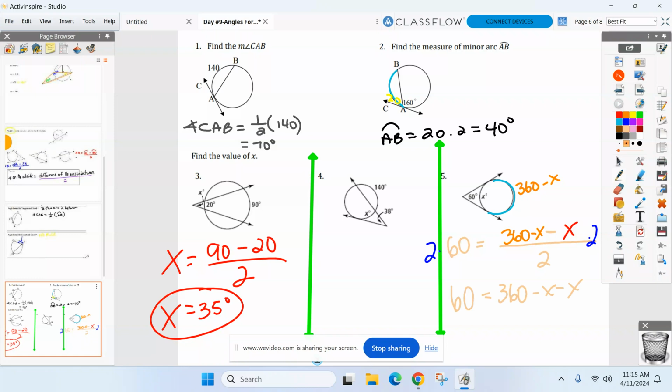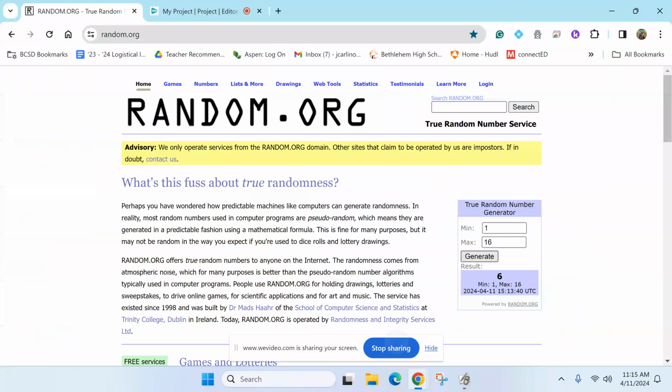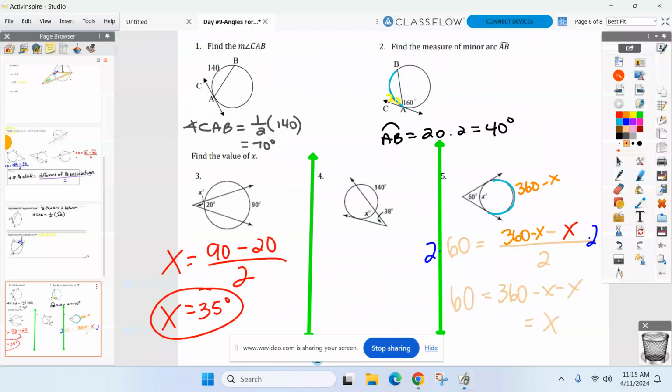Make sure you combine your like terms. When you do have that answer, let me know. Take your time, though. Josh, when you have it? X equals 120. Great job.